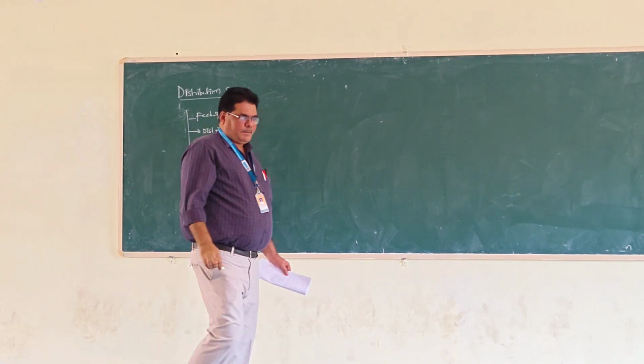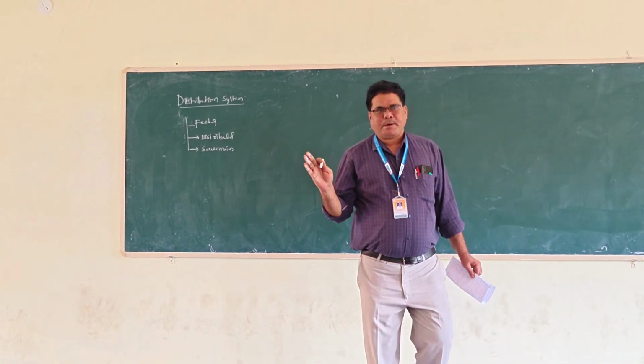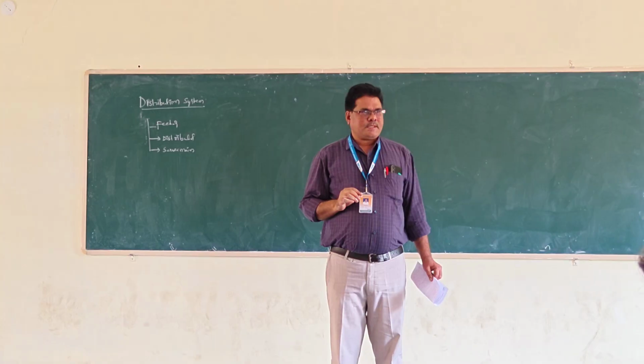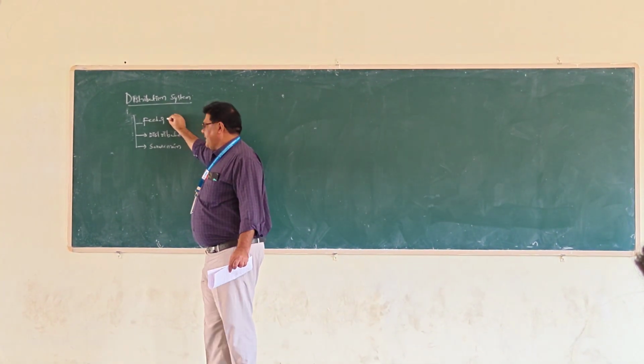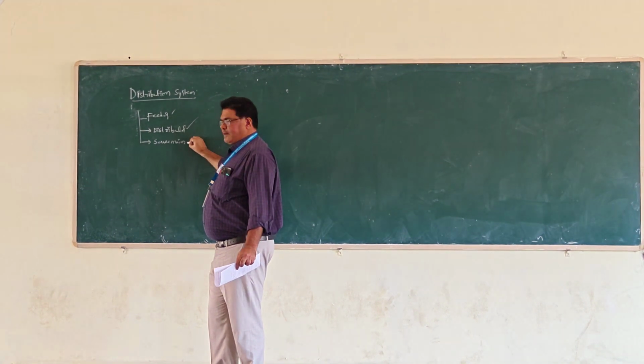Distribution system is nothing but the part which distributes the electrical power for local use. It is called the distribution system, and it consists of three parts: feeders, distributors, service mains.